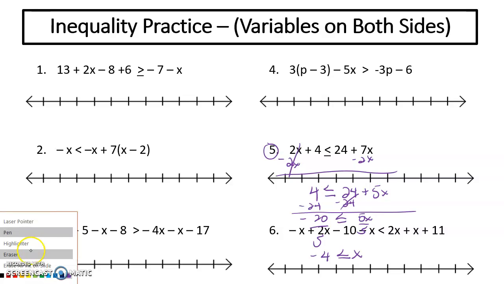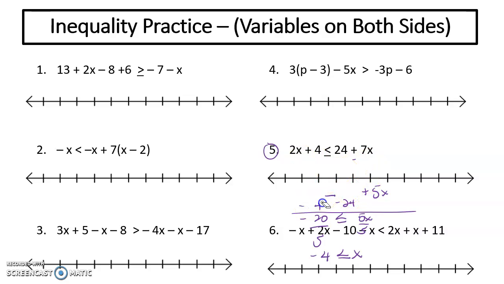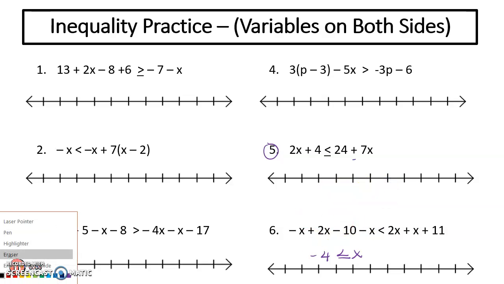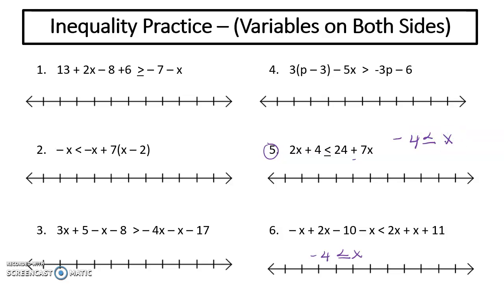Again, I'll erase my work up here and go back to my pen. So negative 4 is less than or equal to x, or x is greater than or equal to negative 4.